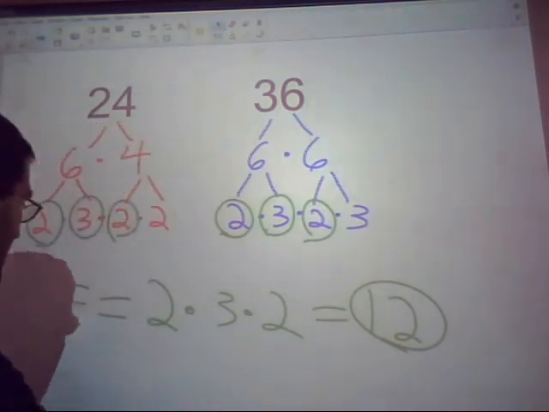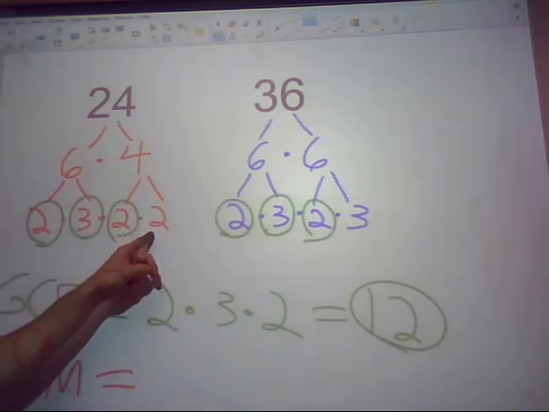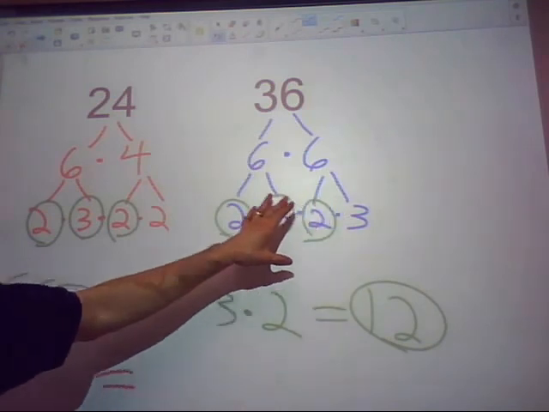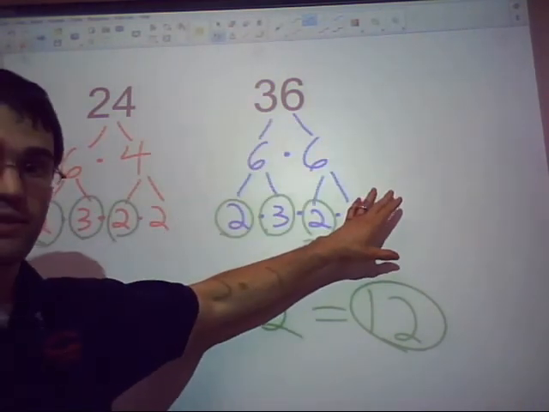Okay, so then if I wanted to find the least common multiple, all I have to do is take the terms that are not circled, the terms that are not in common, for either one of these. I can either choose the factors of 24 or the factors of 36.